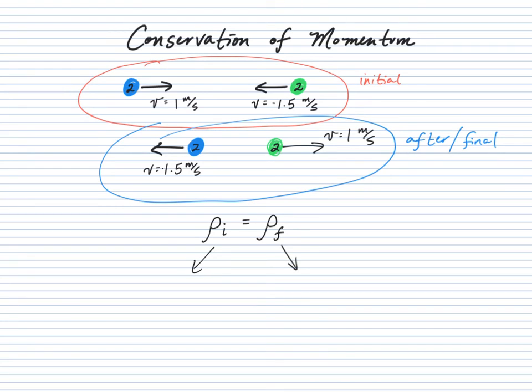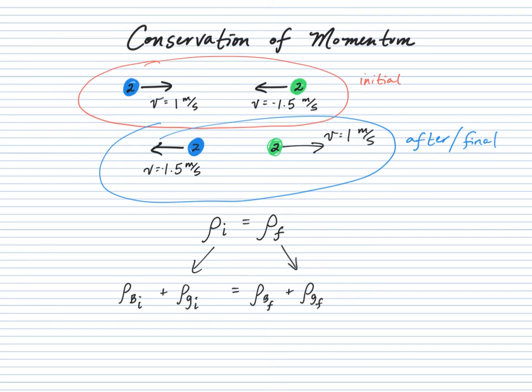Our total momentum initial was the momentum of the blue guy and the momentum of the green guy. So we could say momentum of blue initial plus momentum of green initial, and those two summed together had to equal the momentum of blue final plus momentum of green final.